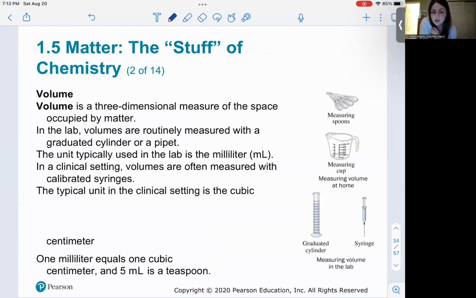And volume is the other major component or major distinction of matter. And that's the three-dimensional measure of the space that's occupied by matter. In labs, volumes are usually measured with graduated cylinders or pipettes, or a multi-channel pipette, for example, or a handheld pipette that you may be familiar with looking at. If not, I can show y'all an example in class, perhaps. But the unit that we typically use in a lab is a milliliter.